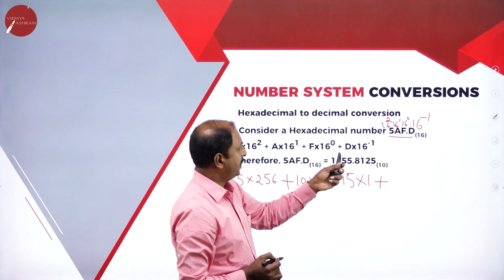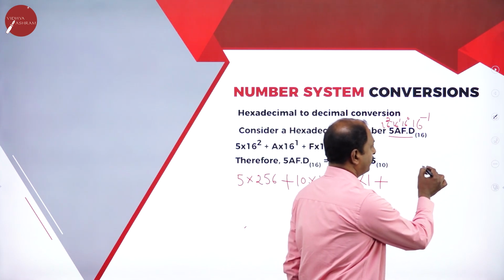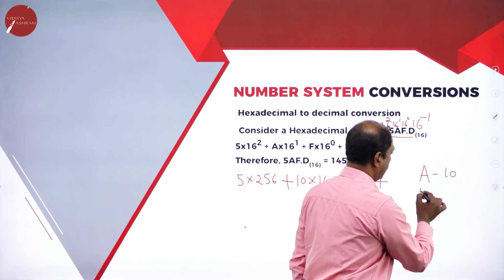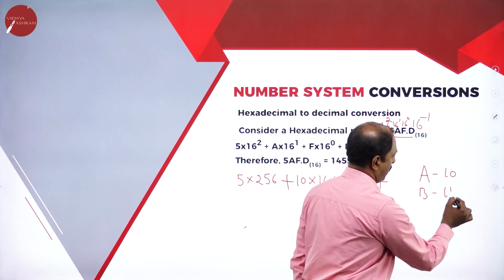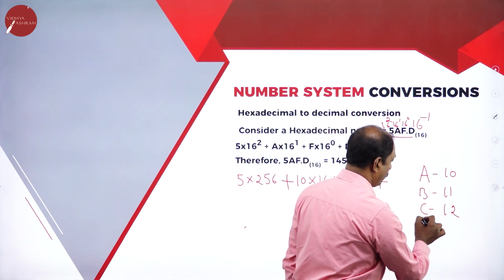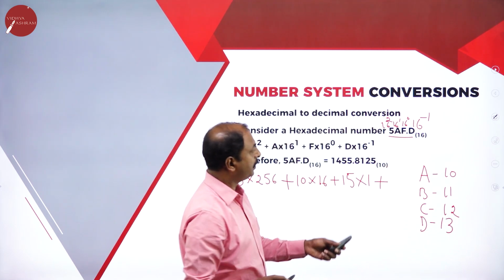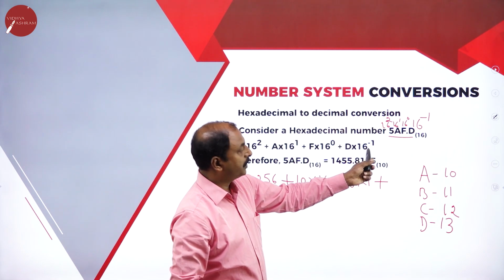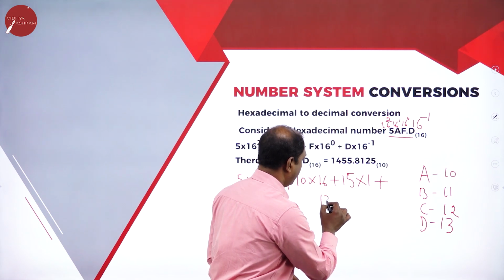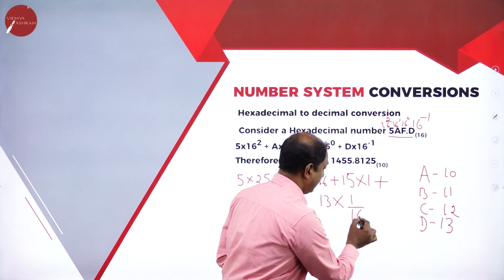here D. A is 10, B is 11, C is 12, D stands for 13. So D into 16 to the power of minus 1 is nothing but 13 into 1 by 16.